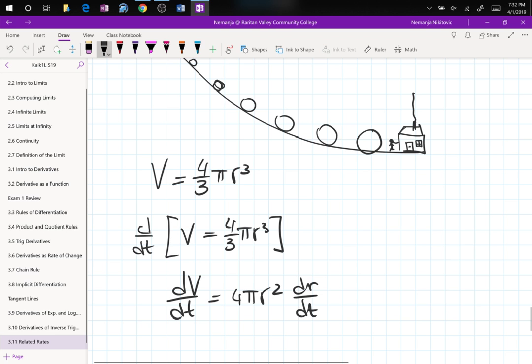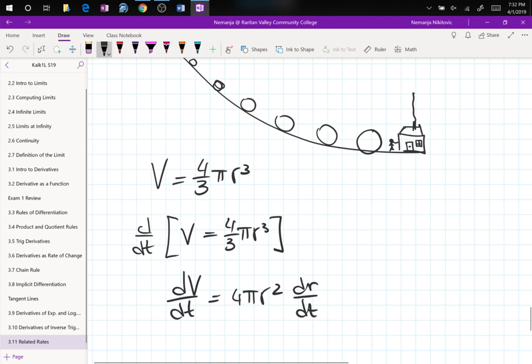So what is this telling me, the dV/dt? What does that mean in physical reality? How fast the snowball is getting big. Yes, perfect. How fast is the snowball getting bigger, right?